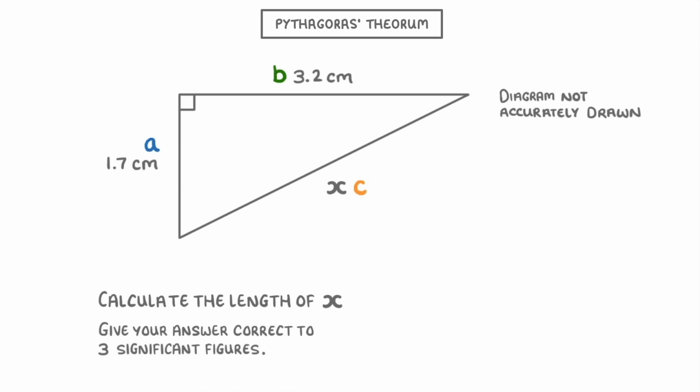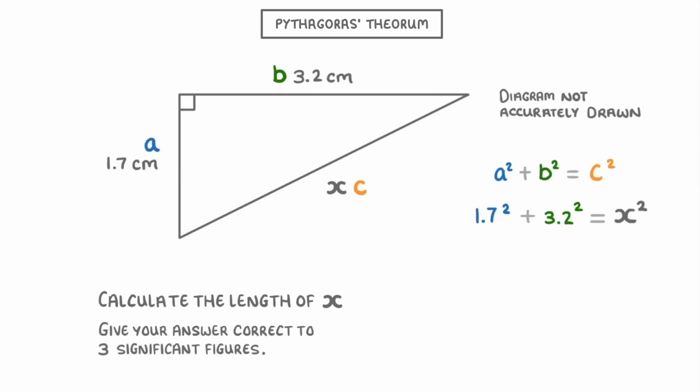Next, we need to write out our equation, so a squared plus b squared equals c squared. And then we can plug in our values from the triangle. So 1.7 squared plus 3.2 squared equals c squared. Or, instead of writing c squared, we could put x squared, because we're trying to work out x, so that's effectively c in this equation.